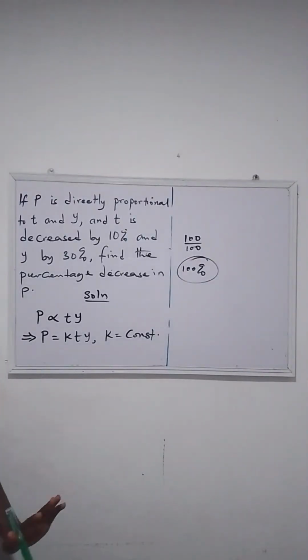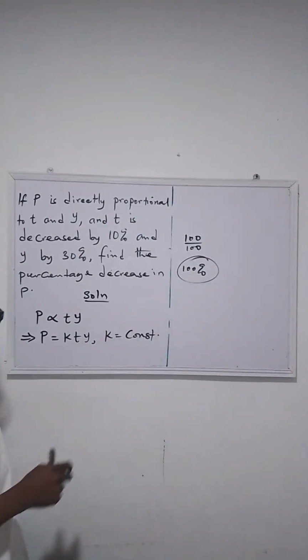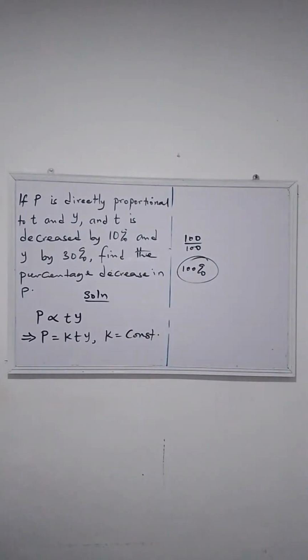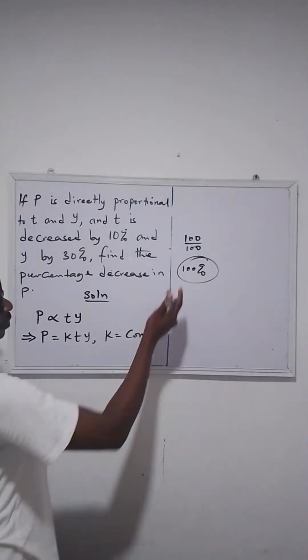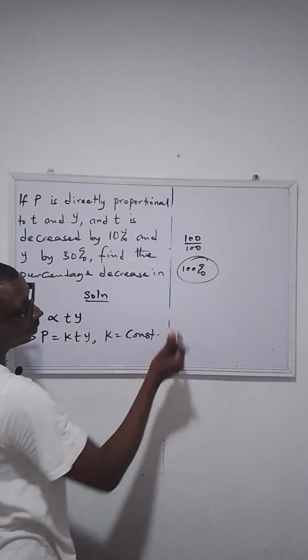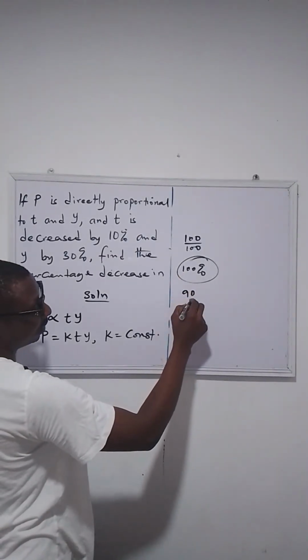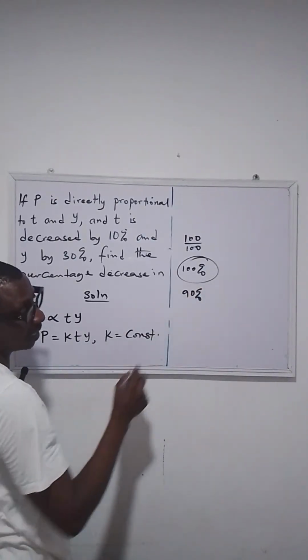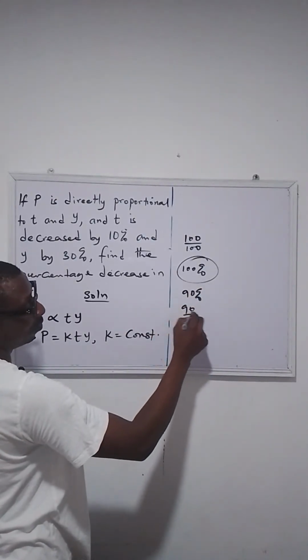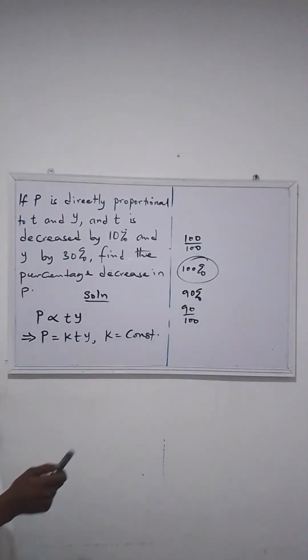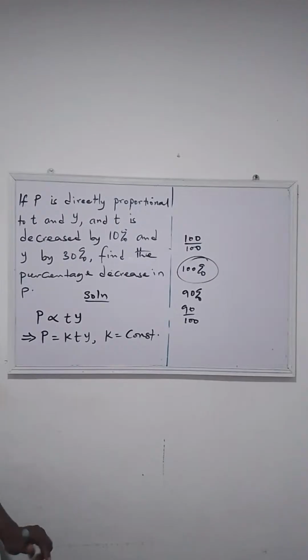If nothing is decreased or increased, it is 100%. So if it is decreased by 10%, it is reduced by 10, so it's going to be 90%. And that is the same thing as 90 over 100 of whatever is being discussed.